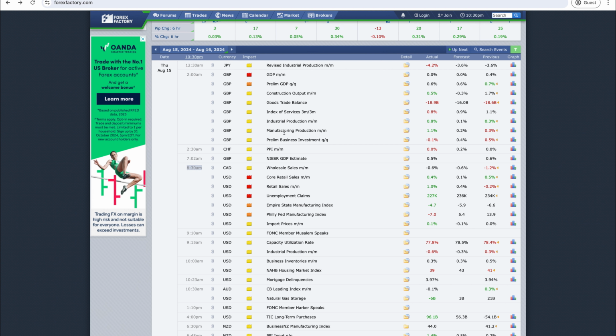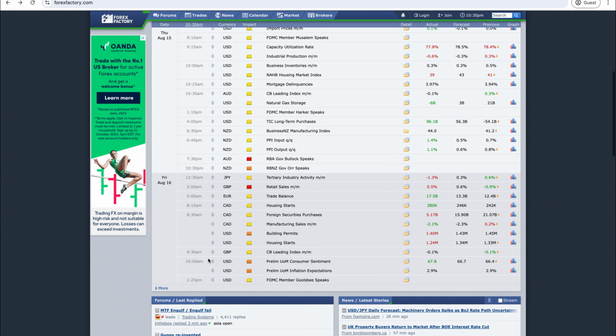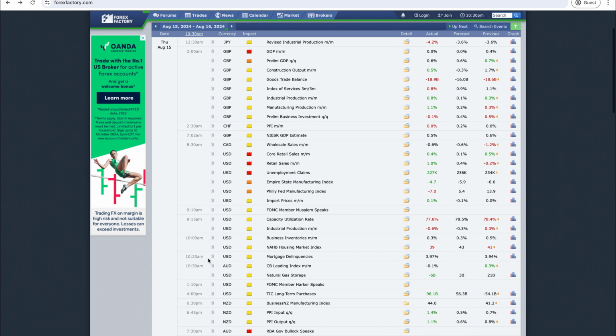So if you trade London session, you're gonna be looking at 2 a.m. and whatnot. 8:30 again, we got an orange folder here, building permits, and we got 10 o'clock. So just try to remember this, because we're gonna refer to time.